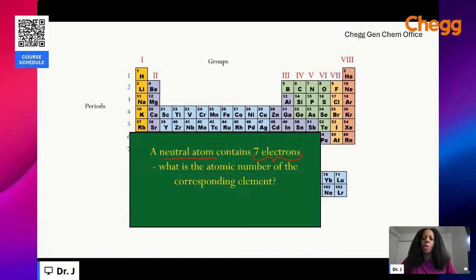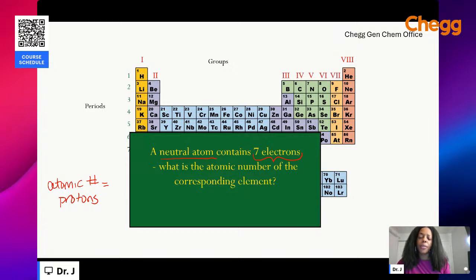Well, what would the corresponding atomic number be? Remember, the atomic number is the same as which subatomic particle? It's not electrons. Instead, it is the protons, right? Your atomic number is equal to your protons.